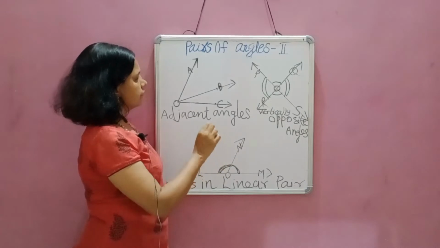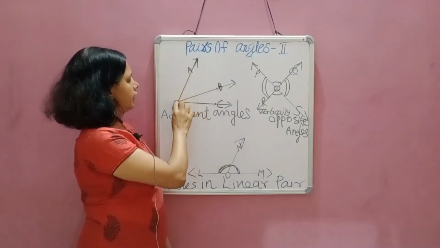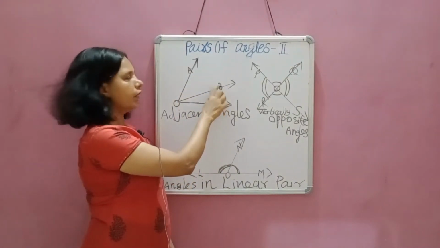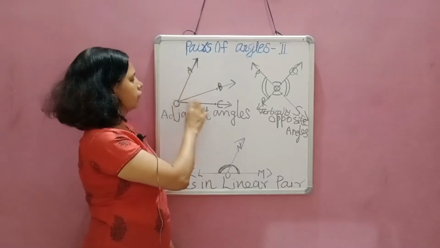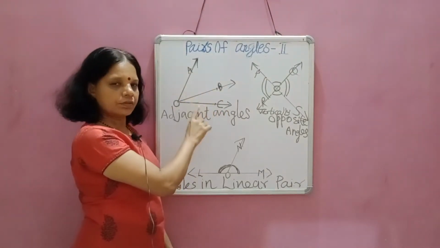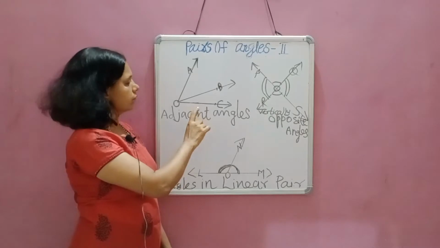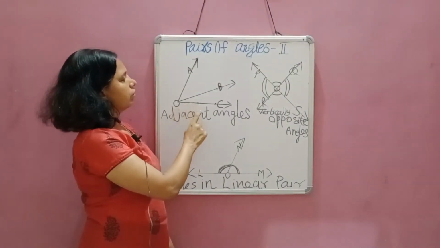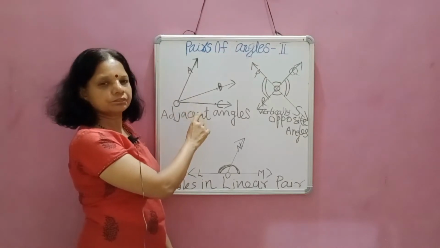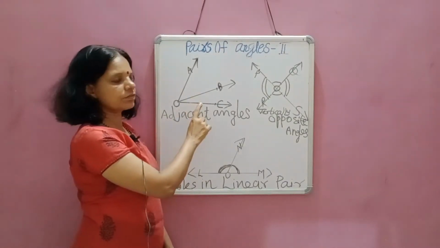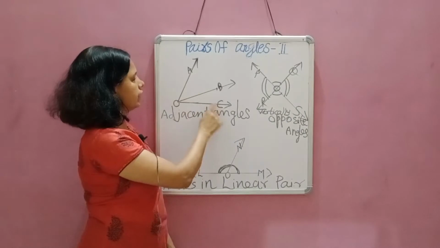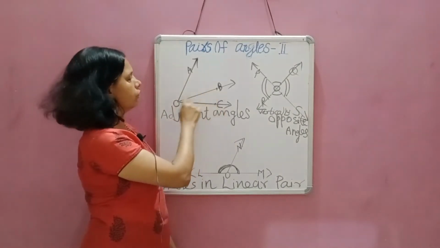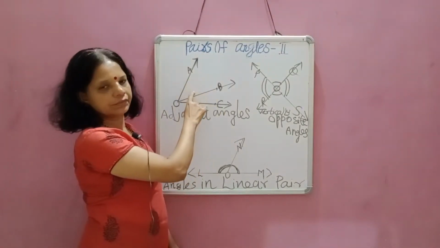Now we will see angle AOB and angle AOC. These angles also satisfy these two conditions: same vertex, one common side. Which is the common side? Angle AOC and angle AOB, OA is the common side.